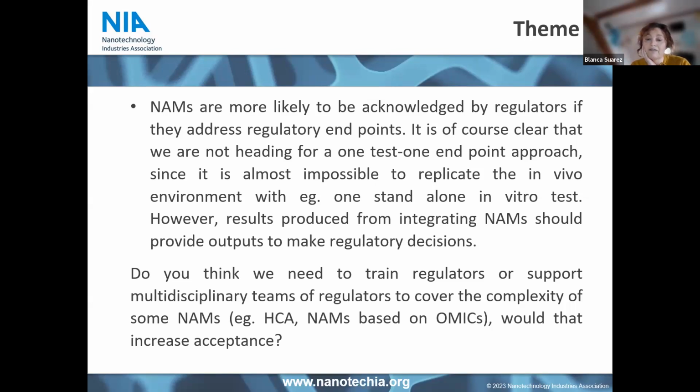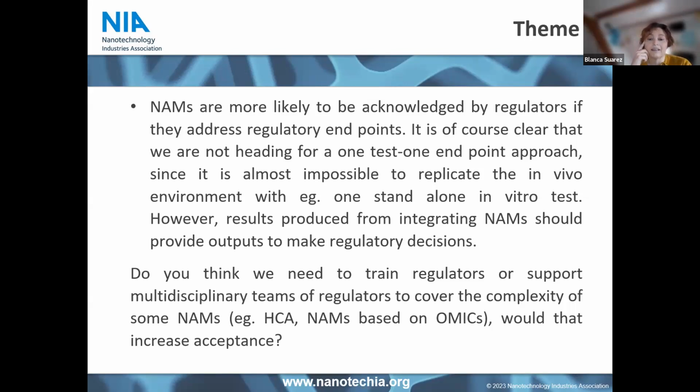But my comment was that we should be heading in the future for also the regulators of the future, a group of multidisciplinary people who have come from different backgrounds, so it's easier for them to understand the NAM and accept it.